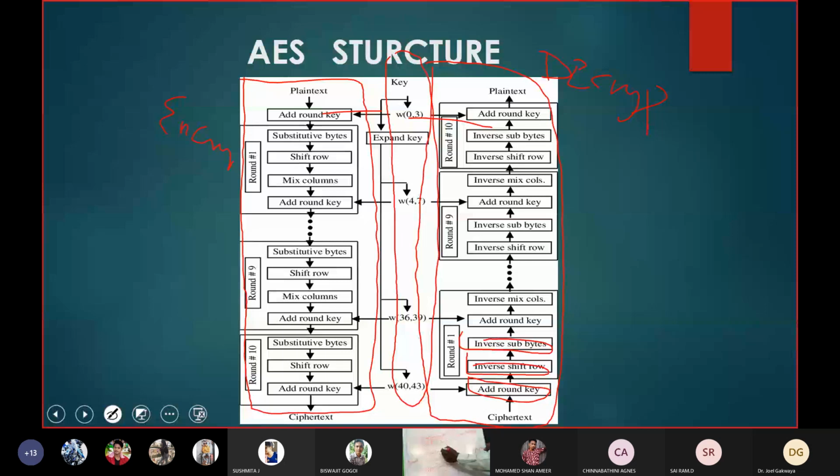Important point: we use inverse shift row. What will be the inverse? Remember how we calculate the inverse? We have to calculate the inverse of every bit which is there. It is done internally. This is going to be the inverse mixed column.